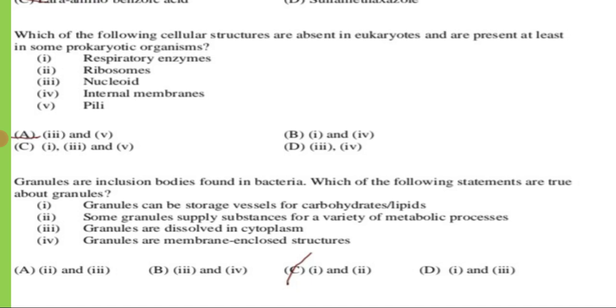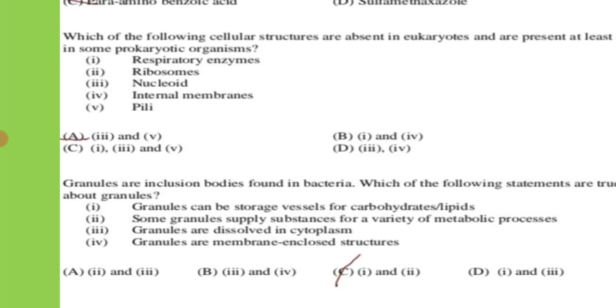Point number three, granules are dissolved in the cytoplasm. So it is false. Granules are membrane enclosed structures. It is also false. So point first and point second are true. Such combination is option C. So option C is the answer to this question.